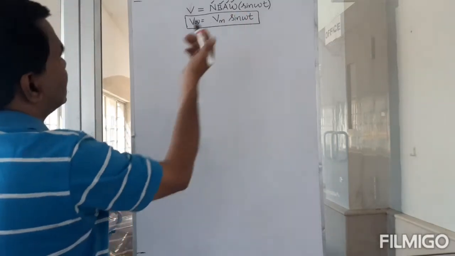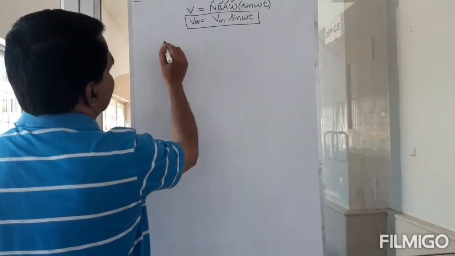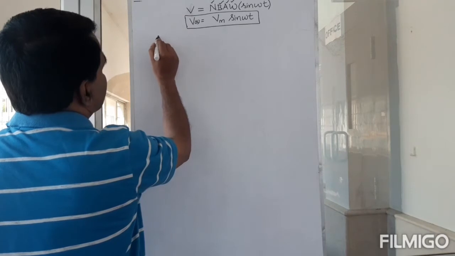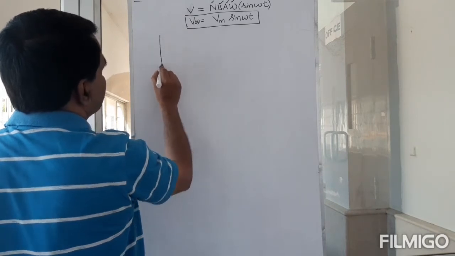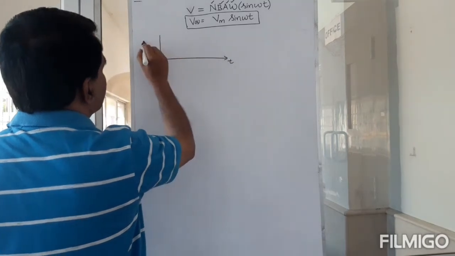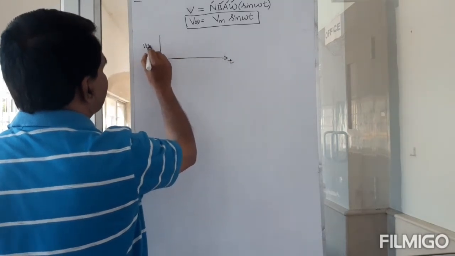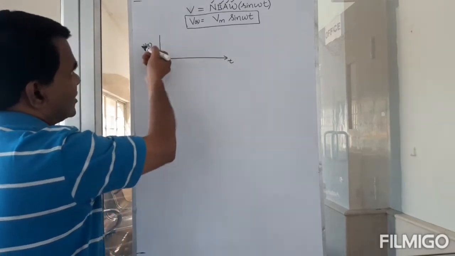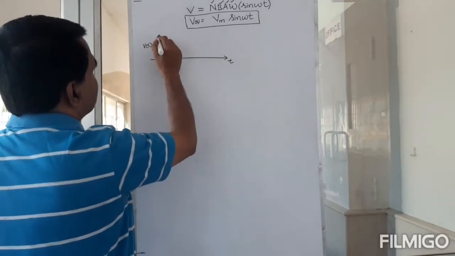Okay, so how will the graph look like? The graph of this will look something like this. So this is time t, and this is V of t. This voltage changes with time, that's why we draw it like that.